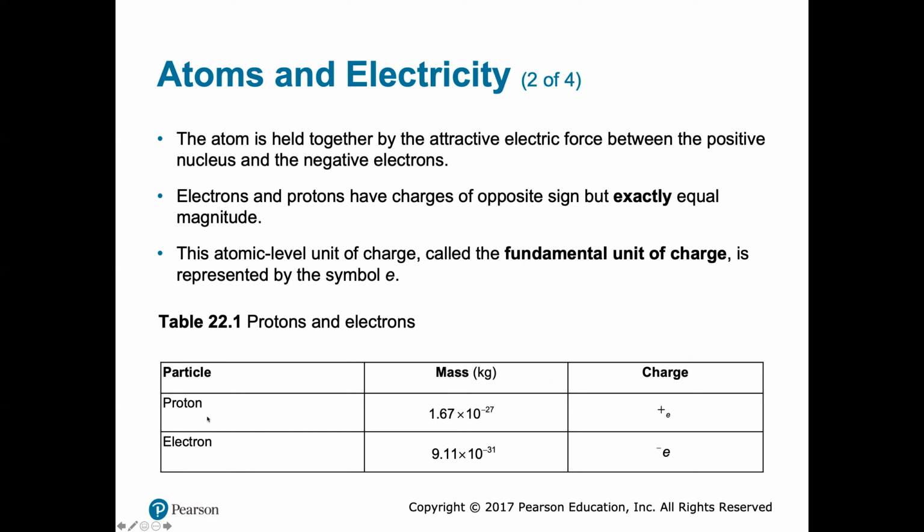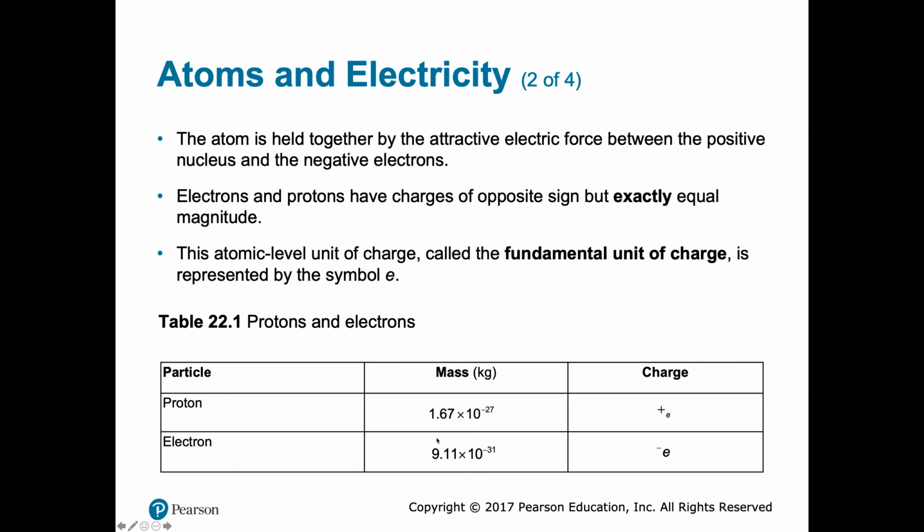If we compare proton and electron, we'll see the mass between them is significantly different. The electron mass is about 9 times 10 to the power negative 31, or roughly 1 times 10 to the power negative 30.